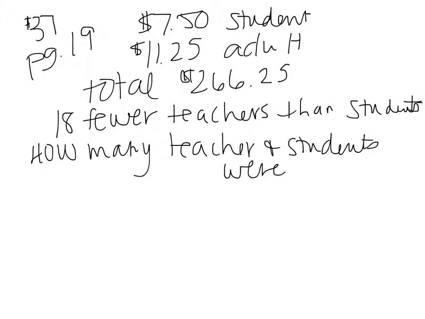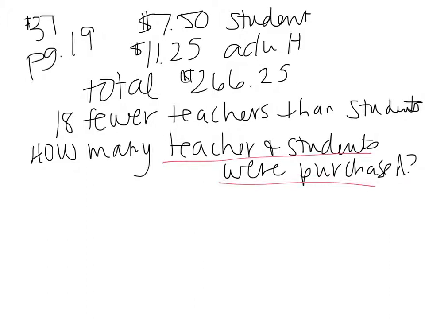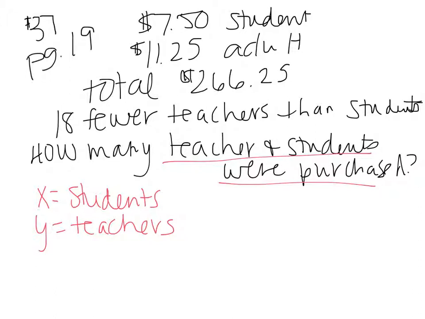That is our question, and that is what we're looking for. Those are going to be my variables. So I'm going to say my x is going to be my students, and my y is going to be my teachers, or your adults, whatever you want to call them.